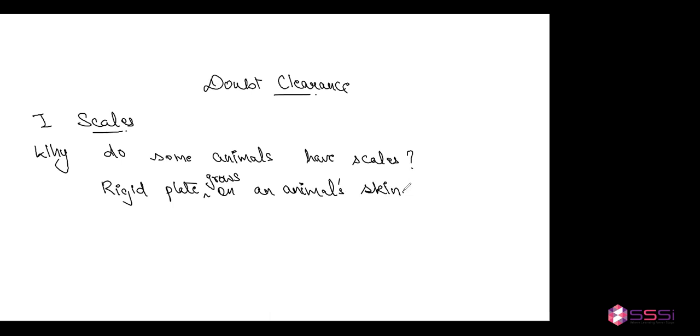It basically fulfills different functions, which vary depending on the animal to which they belong, because we can find these scales on fish, reptiles, birds, mammals. So they all have different functions. First of all, we'll discuss fish scales.